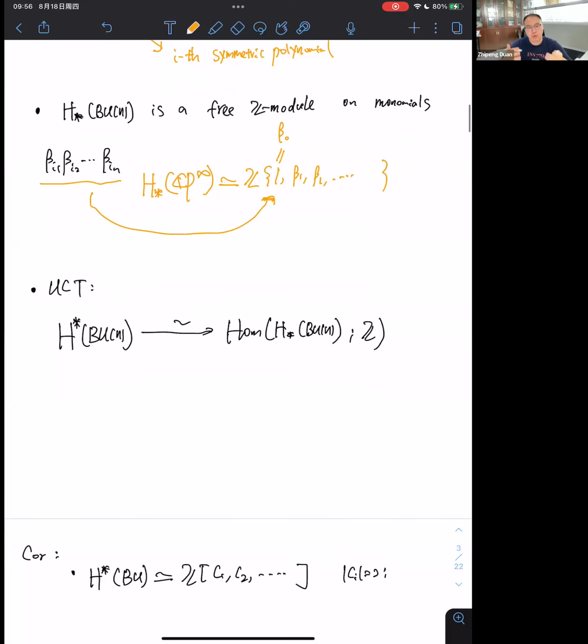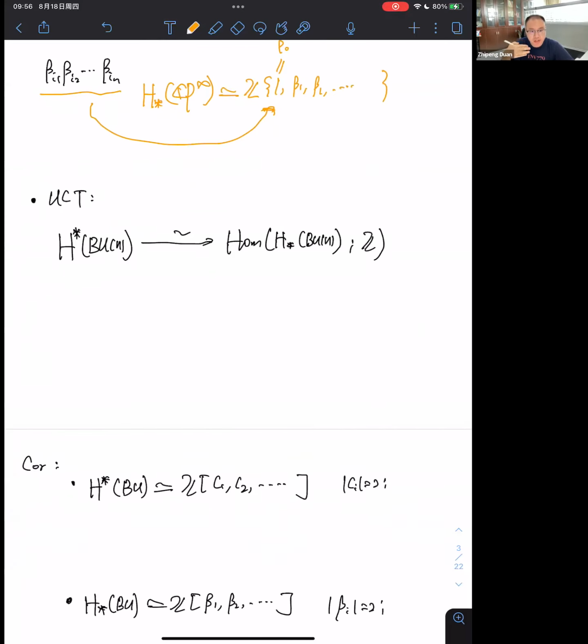And of course, there is a map connecting the cohomology and homology of a classifying space by the universal coefficient theorem. So here, the universal coefficient theorem actually in this case gives the following isomorphism. The cohomology of BUn is isomorphic to Hom from the homology of BUn to Z. And moreover, under this isomorphism, the generator Ci actually maps to the dual vector of beta 1 to the i.